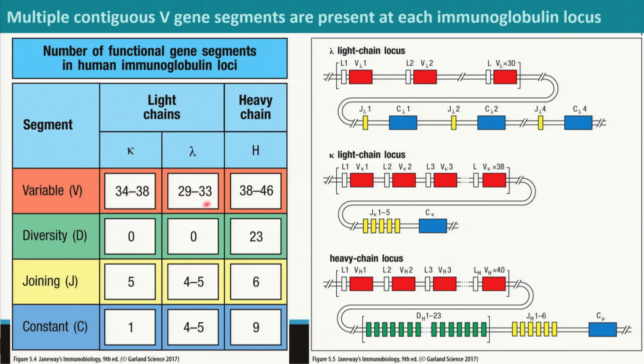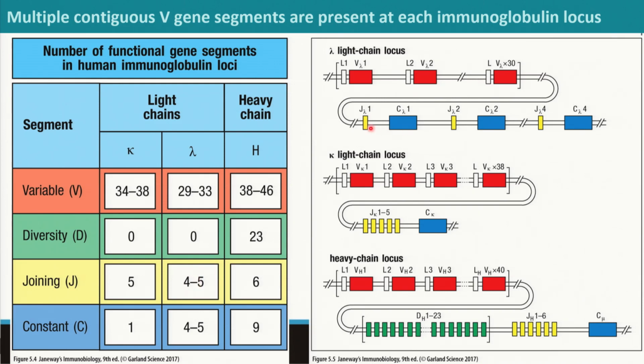Sorry, 29 to 33 variable regions in case of lambda. In lambda chain we have V lambda 1, V lambda 2, V lambda 3, 4, 5, 6 and up to 30. So, 1 to 30, and then there is a space, then there is joining region, constant region, joining region, constant region. How many do we have? We have 4 to 5 joining regions for lambda.